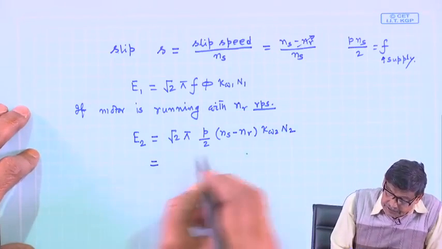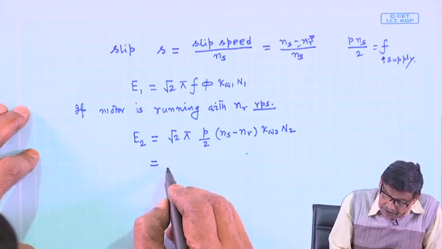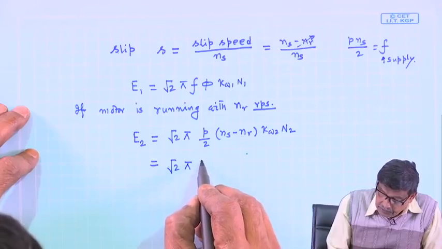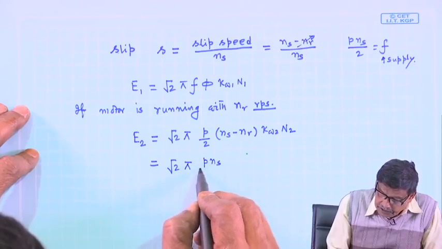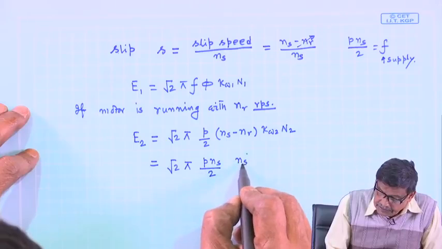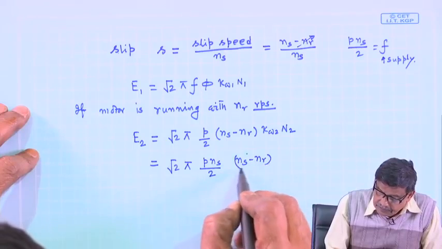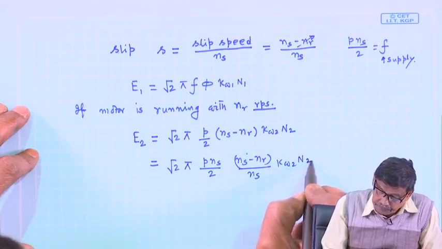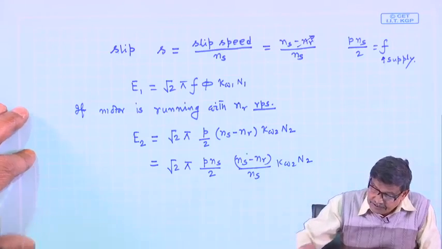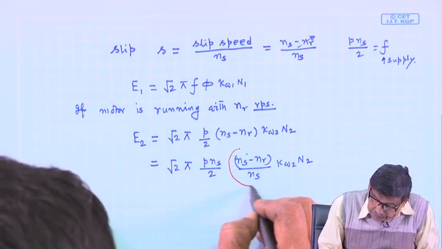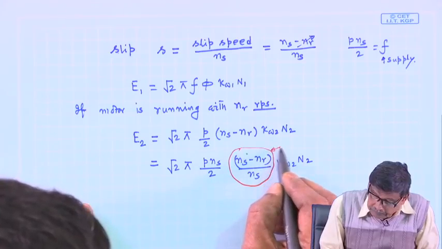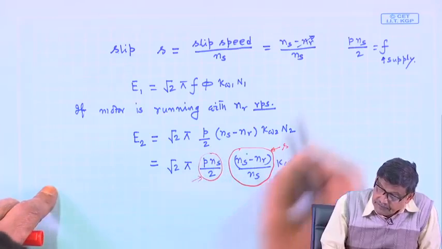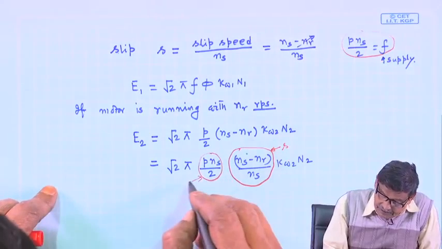Now, in this expression I multiply with n_s and divide by n_s, so that it becomes P n_s by 2 into (n_s minus n_r) divided by n_s into k_w2 N_2. We have defined this term as s, the slip, and P n_s by 2 is already known to be the supply frequency f.